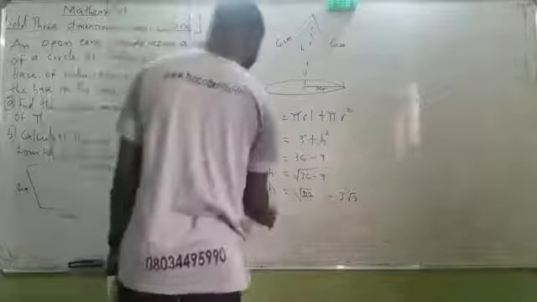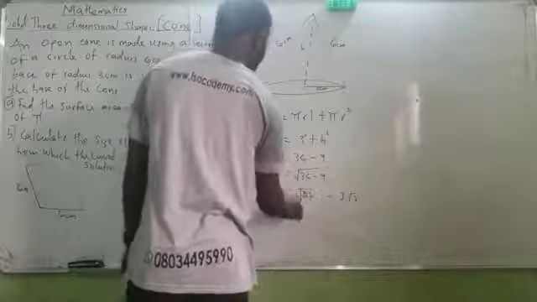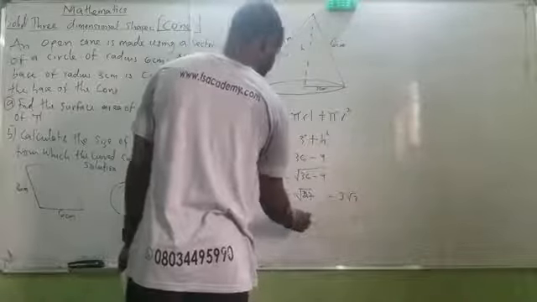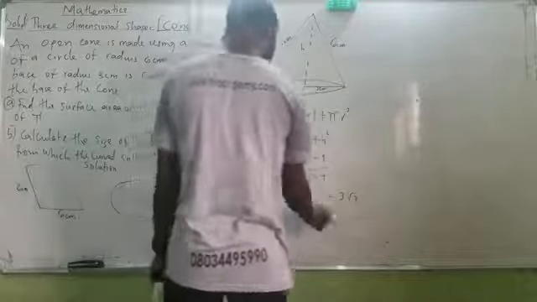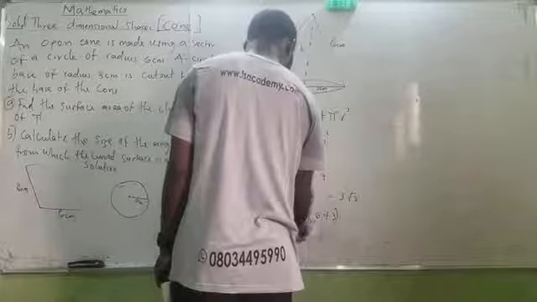What I just need to do, I have my pi, we have 3, multiplied by bracket of 6 plus 3, which is 9.